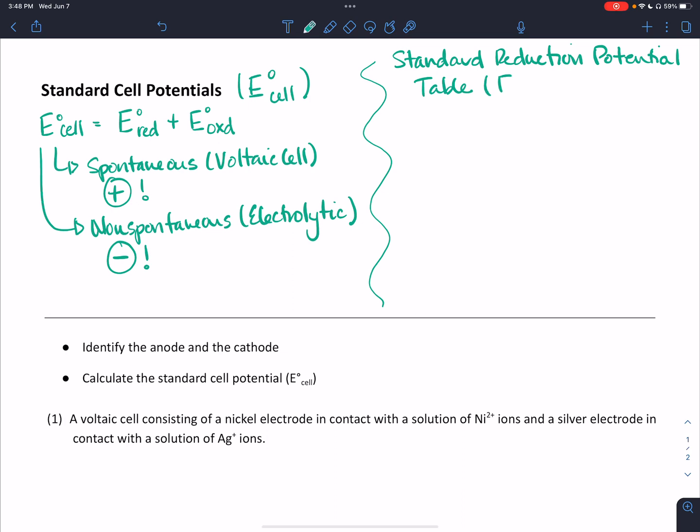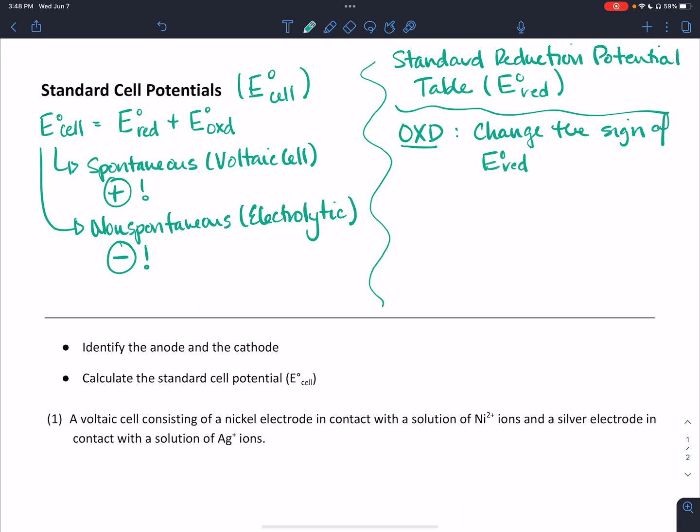In other words, a table full of reduction potentials, which is great for the reductions, but what about the oxidations? If you have an oxidation half reaction, you need to change the sign of that reduction potential. You do not need to do anything else to it.